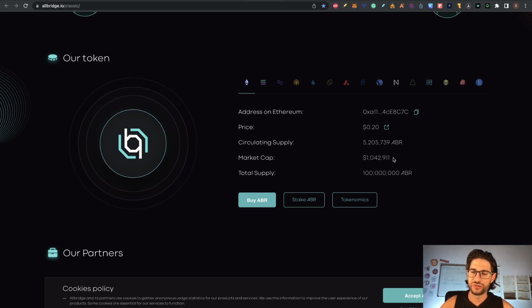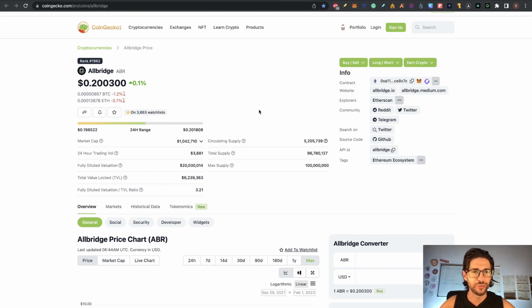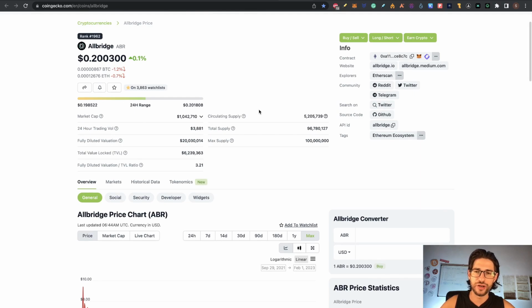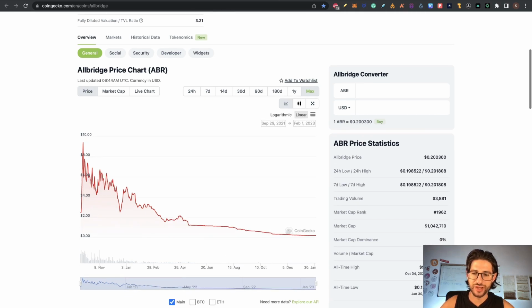The market cap is only 1 million, really small, and the price is 20 cents. And this is already linked here on CoinGecko, so it's launched. It's at position 1900. The token is suffering really big, but you can see that at launch it was around $9.40. Right now it's at 19 cents, so I would not recommend buying this token right now.